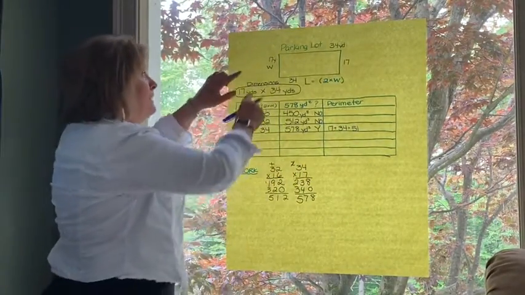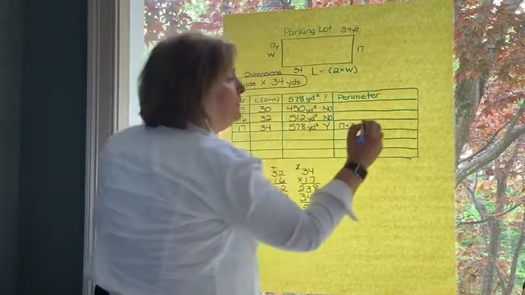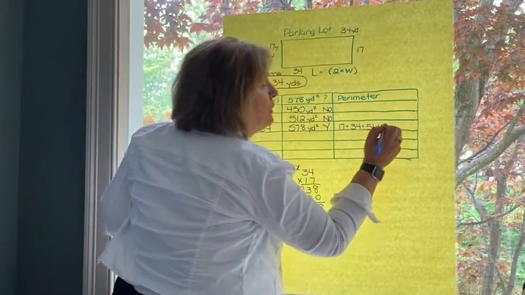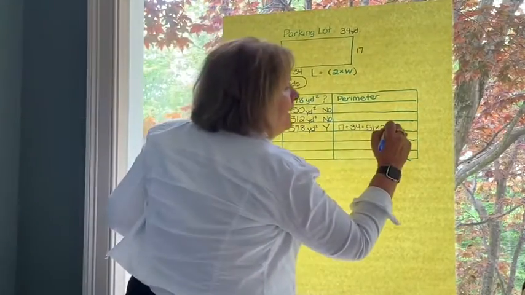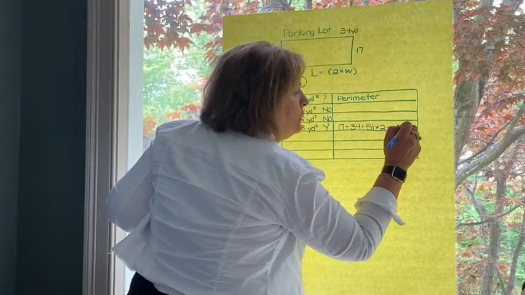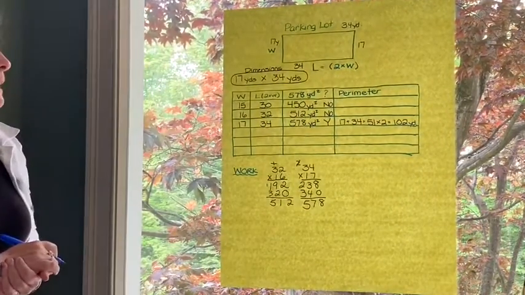And if I did this and this, I know that this and this are the same, so I can do 51 times 2, or 51 plus 51, and I end up with 102 yards as my perimeter.